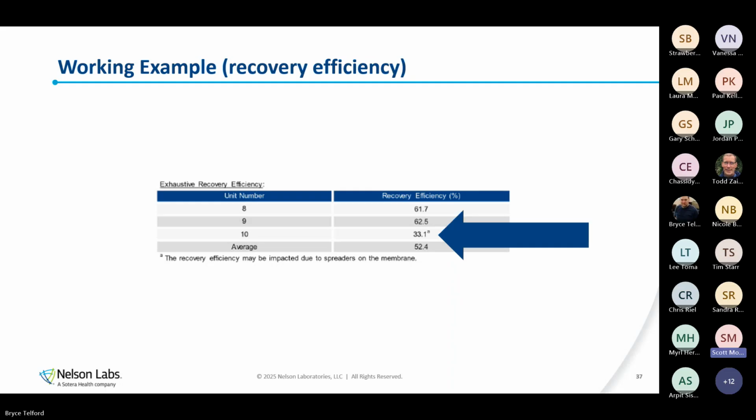That all makes sense to me, but if we're going to have a recovery efficiency that is off, wouldn't we prefer it to be on the low side rather than the high side? Potentially, it depends on how we're interpreting the data, though. If I'm setting my dose, which we'll get to a little bit later on, I'm actually biasing myself towards passing, and an auditing body is going to look at that.